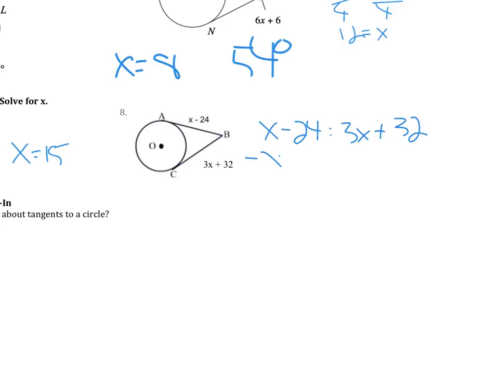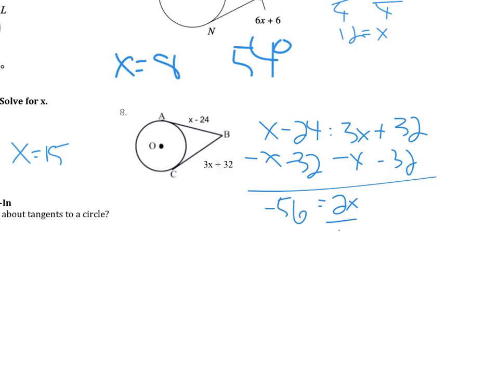And then solving from there, subtract x, and we get 2x, subtract 32, and we get negative 56, divided by 2, and we get negative 28 equals x, which in the context of this problem wouldn't work, but we solved for x there properly.